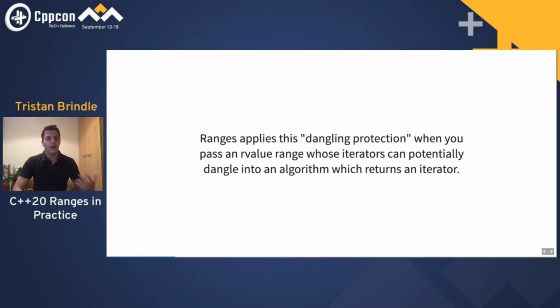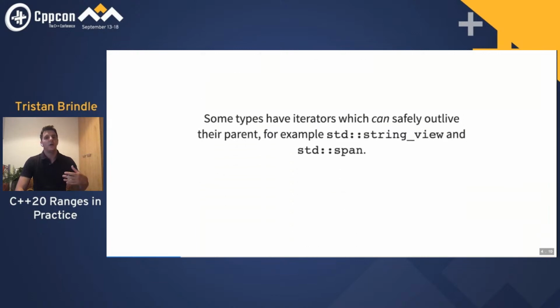However, there are some types whose iterators can safely outlive their parent. For example, a std::string_view, or new in C++20, std::span. So if you think about what a string_view is, a string_view just points into some other character array. A string_view's iterators, in fact, just point into the other character array.